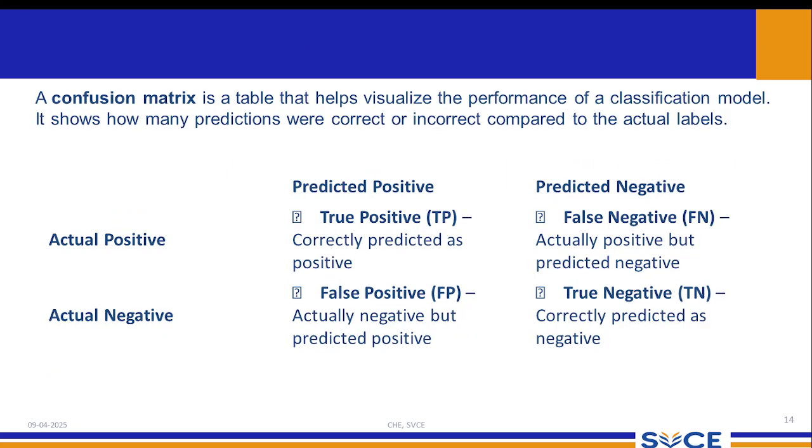Okay, when you see the actual positive and the actual negative here, let's say during the corona period, people were asked to test whether we are positive or negative. Sometimes the person is actually positive, but the test result shows negative. Sometimes we are negative but the test result shows positive.